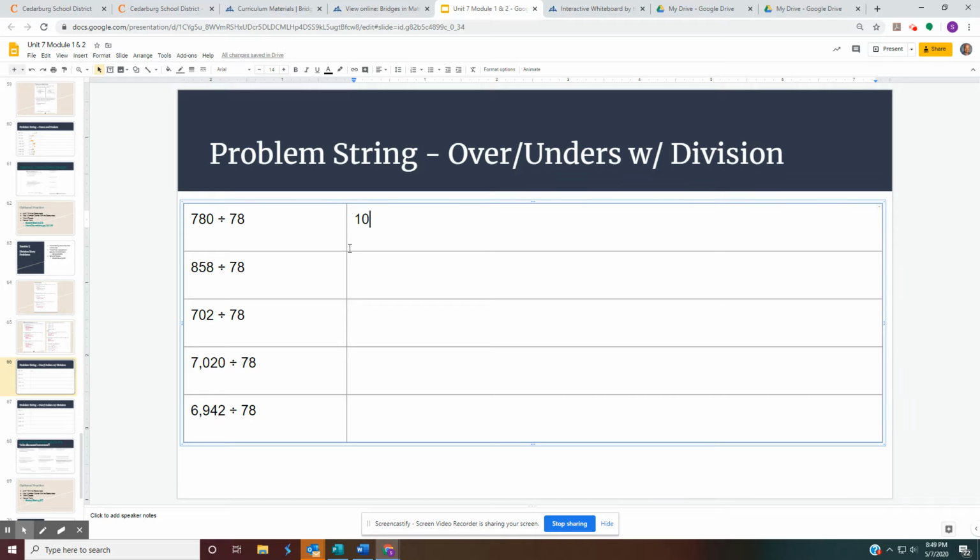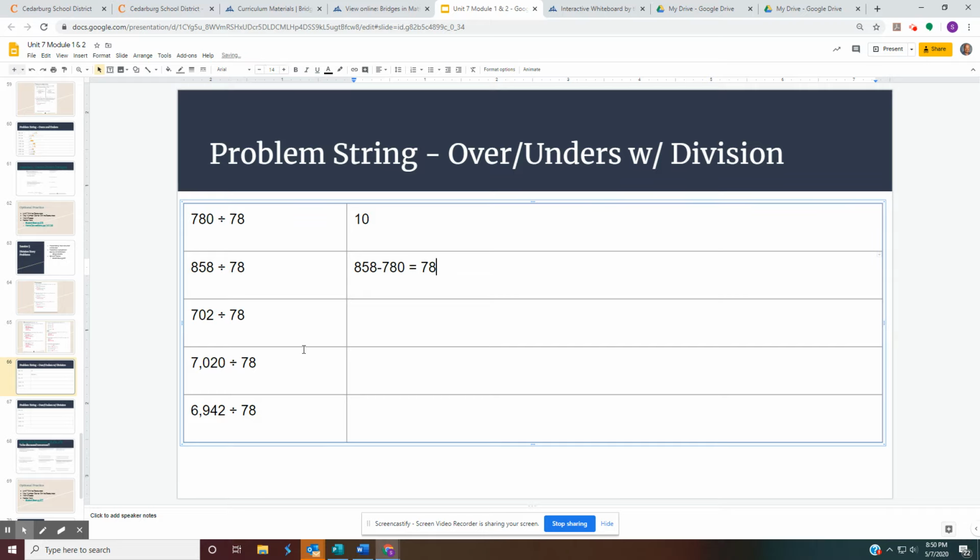So we're going to move on to the next one. What is 858 divided by 78? Well, I just can't look at that and figure out the answer. But what I can do is subtract 780 from 858, and that's going to give me an answer. What do you suppose that answer is going to be? Right, 78. And I know 78 is 1, right?